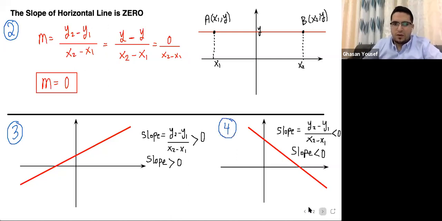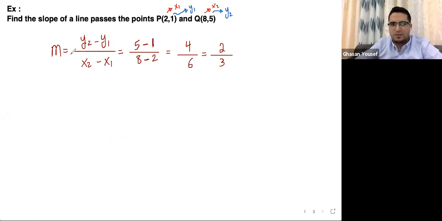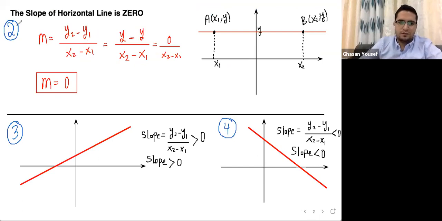Now, go back to the example. The slope is positive. Which one from 1 to 4 represents this slope? How will the line shape look like?